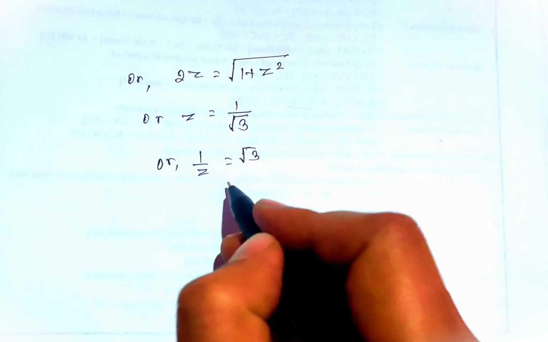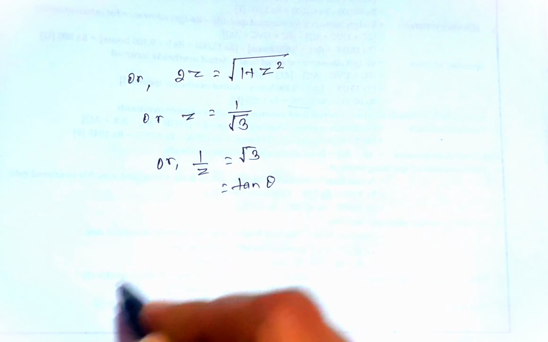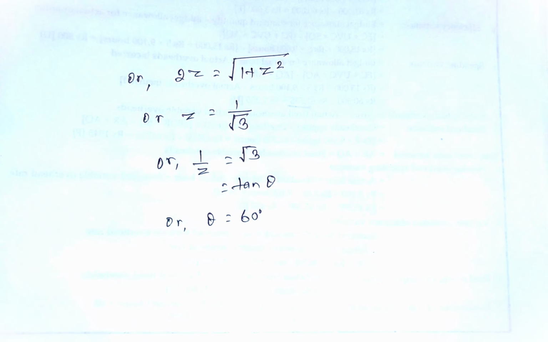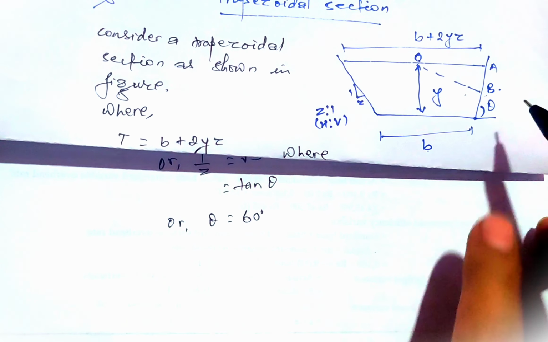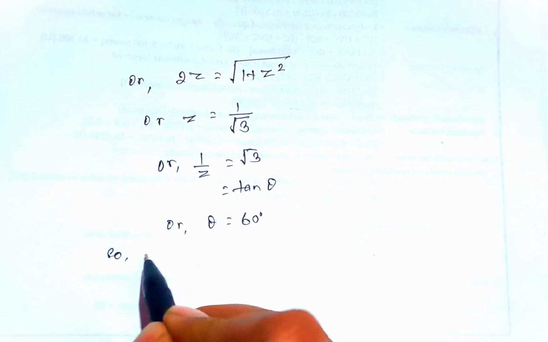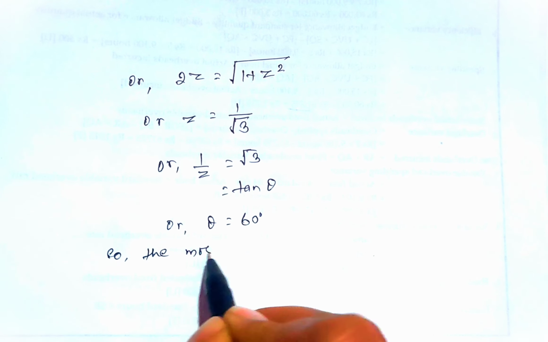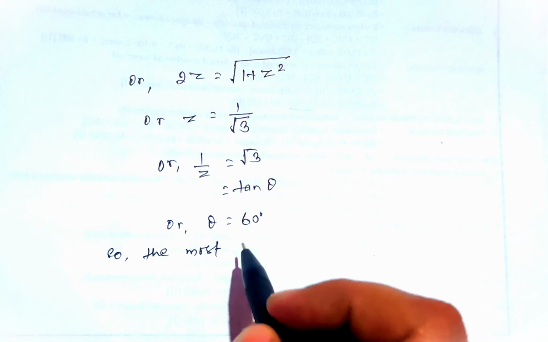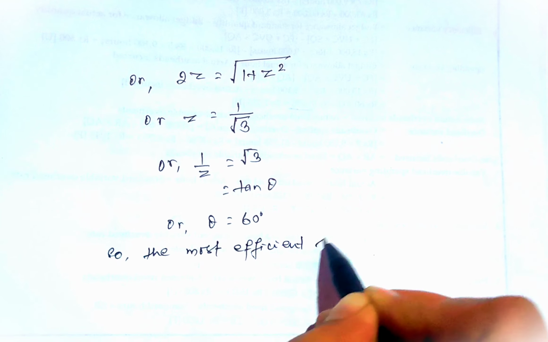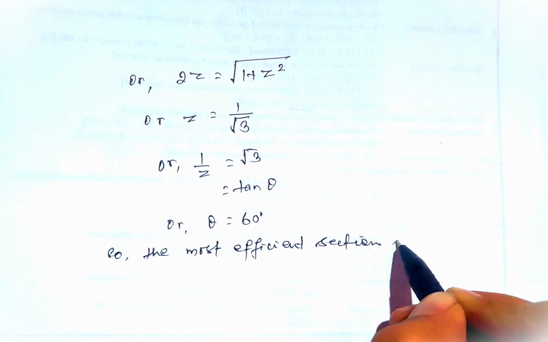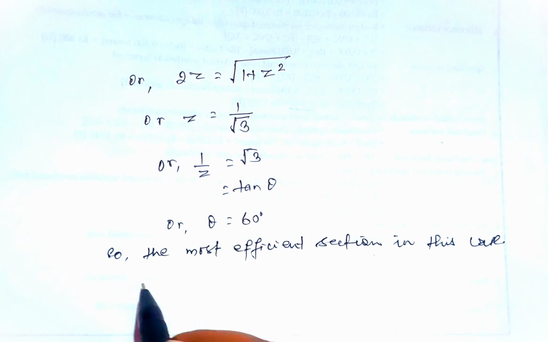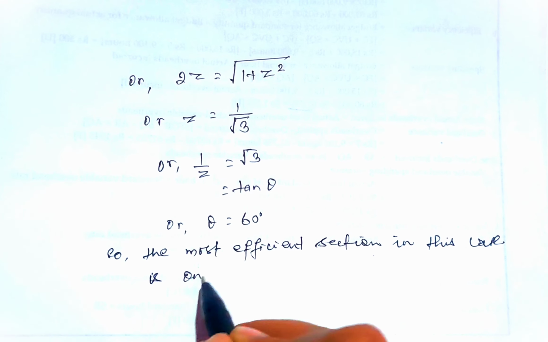This means tan theta equals root 3, or the value of theta equals 60 degrees. That is, the value of this angle is 60 degrees. So in this case, the most efficient section is half of a hexagon.